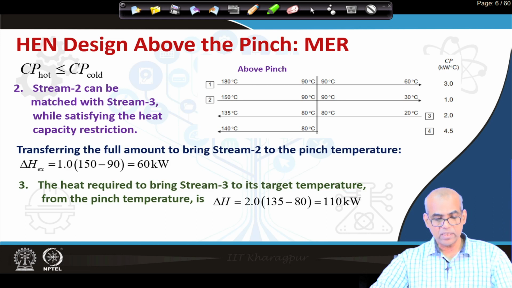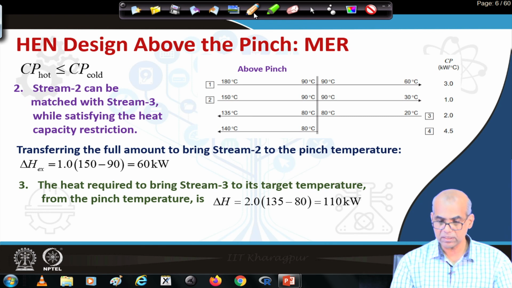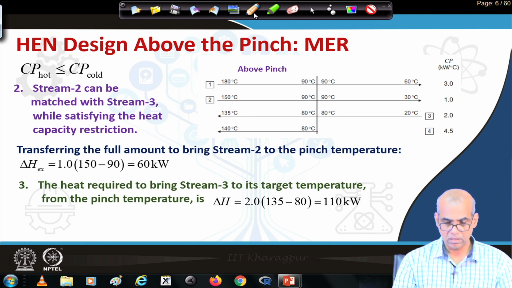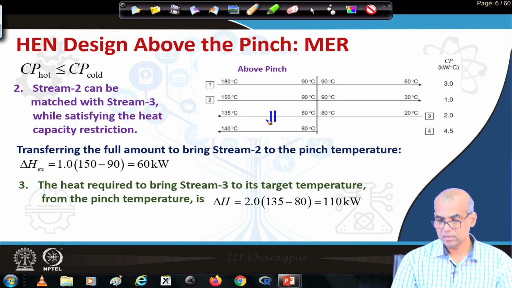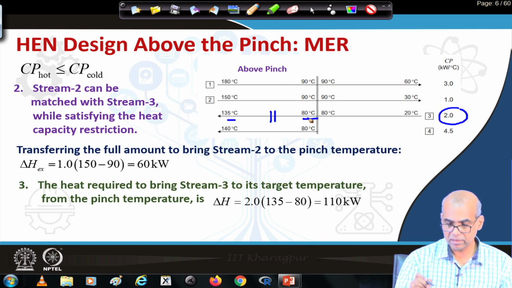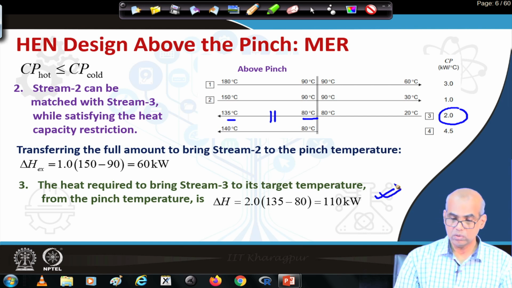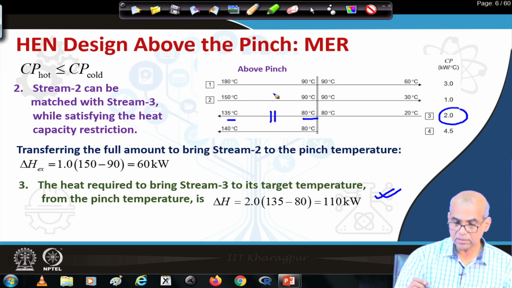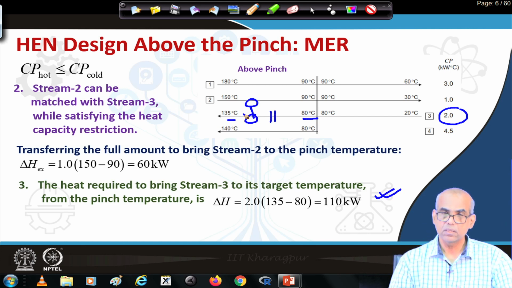So, what is the heat required to bring stream 3 to its target temperature, that means from 80 degrees Celsius to 135 degrees Celsius. So, to obtain that 2 multiplied by 135 minus 80, so that gives me 110 kilowatt. So, 60 was obtained by pairing stream 2 and stream 3.